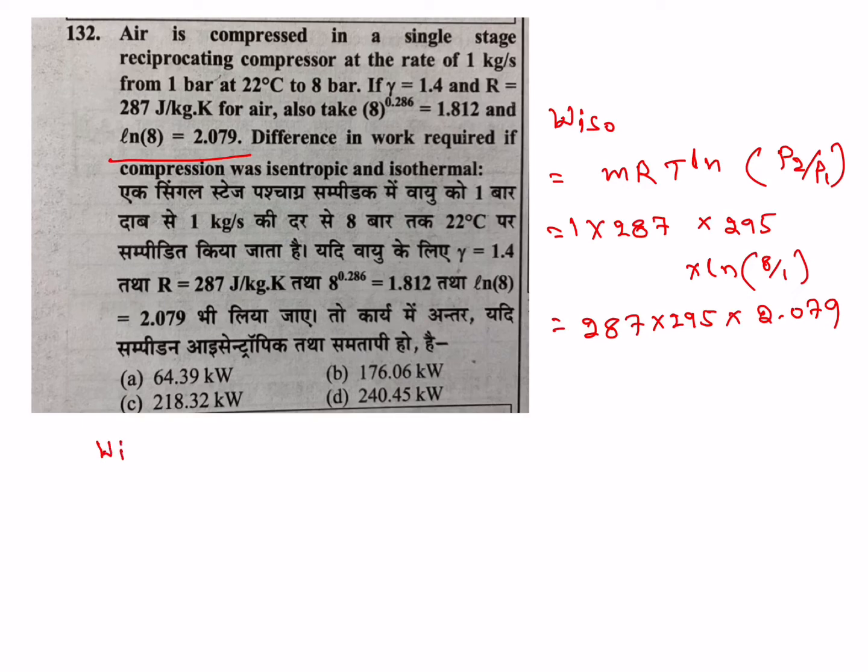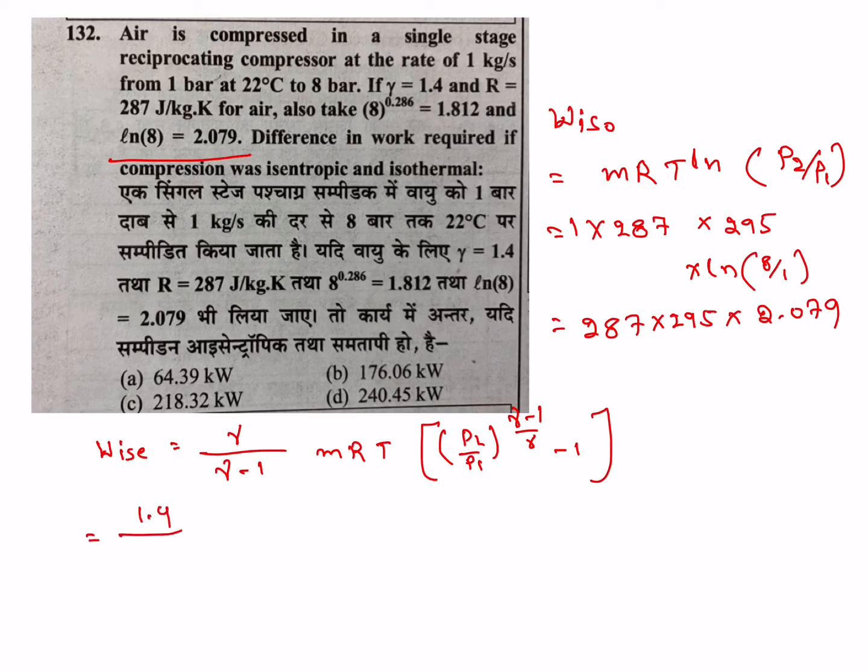Then isentropic work done you have to calculate. Gamma by gamma minus 1 into m R T into P2 by P1 whole to the power gamma minus 1 by gamma, minus 1.